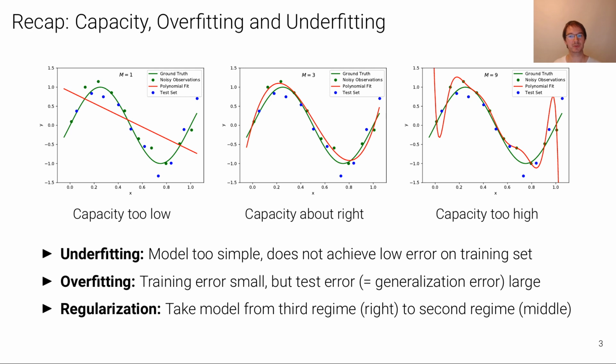It's much easier to specify a larger model class, or a model that is able to represent a larger class of functions, such as a neural network with many layers, and then to restrict this class of functions again using soft constraints such that generalization is obtained. That's why we're going from the third to the second regime, because it's easier to specify a more generic model and then apply these regularizers as a soft constraint, as we'll see today.